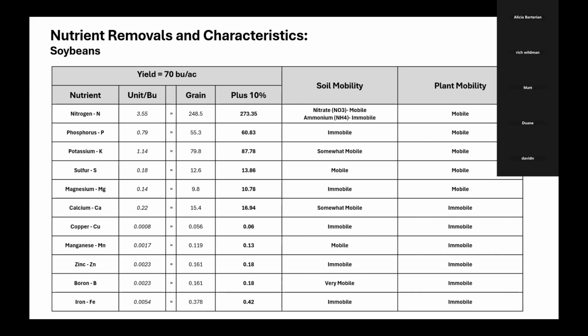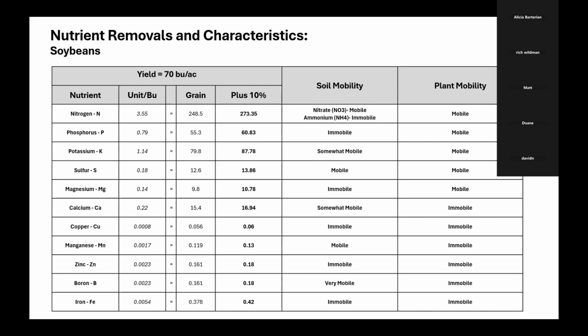So now we're going to switch to soybeans. Like the corn, you need to go through the same exercise that we went through with the corn. This chart is for 70 bushel beans. It's your nutrient removals and your soil and plant mobility. I'm not going to go through it in detail like I did for the corn, but the same key points apply.